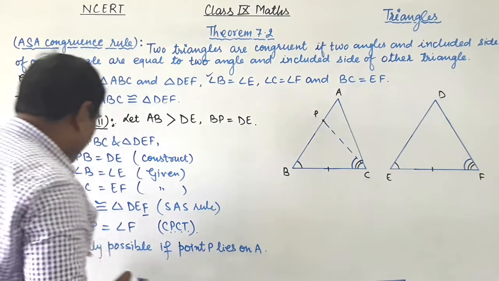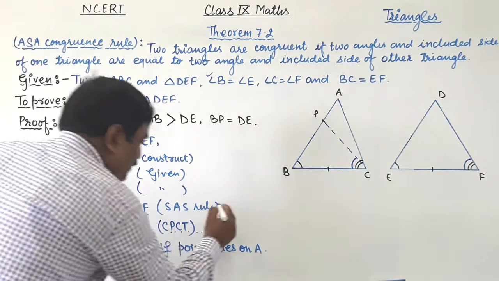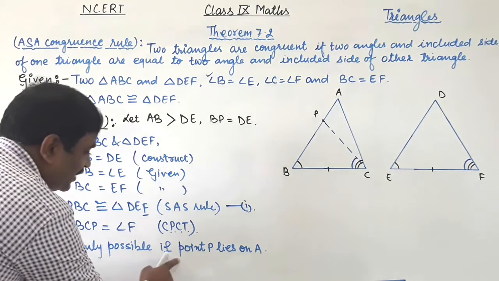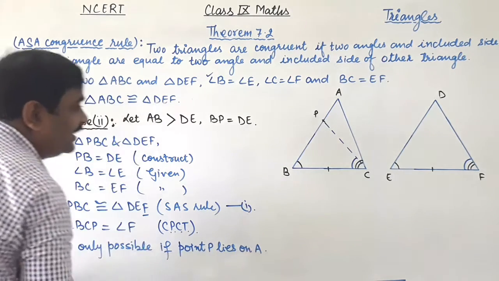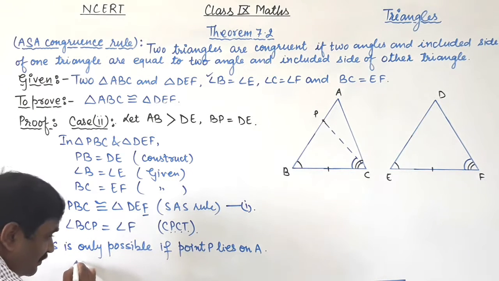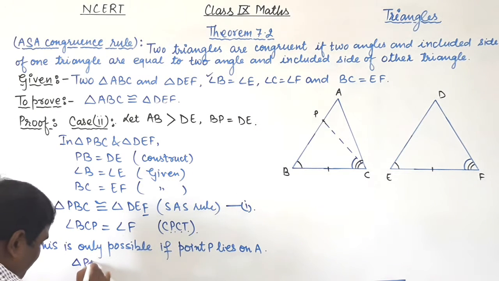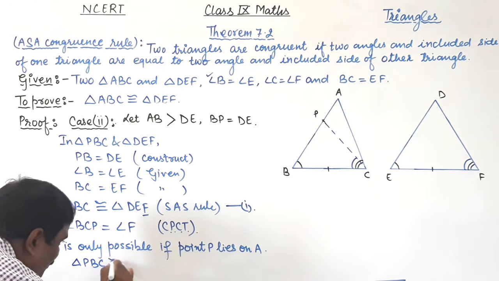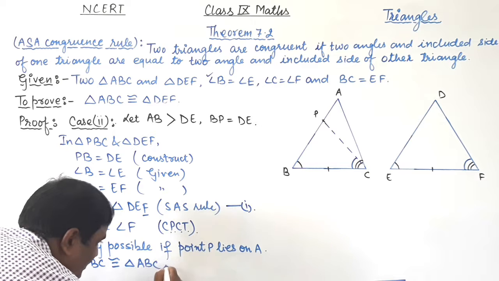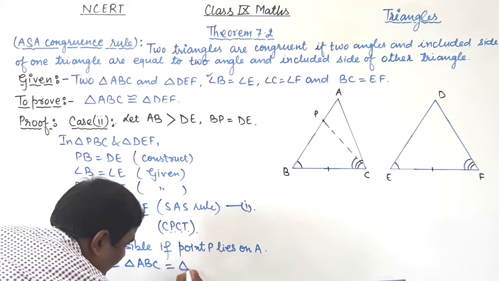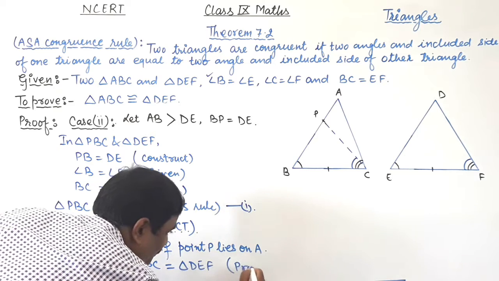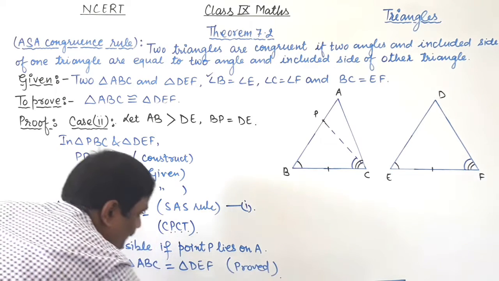So from equation 1, this is only possible when point P lies on point A, therefore triangle PBC will be congruent to triangle ABC, and triangle ABC will be congruent to triangle DEF, which is proved in the second case also.